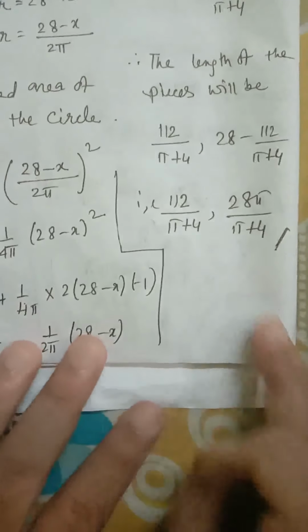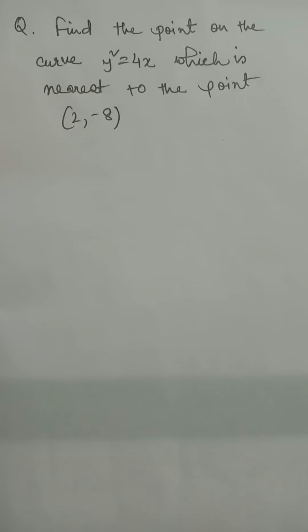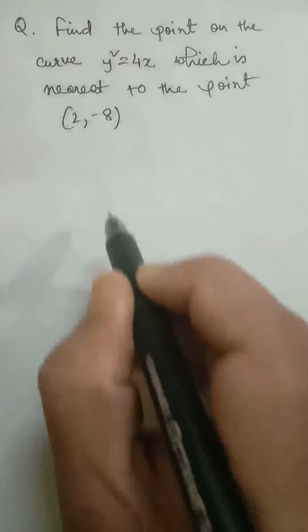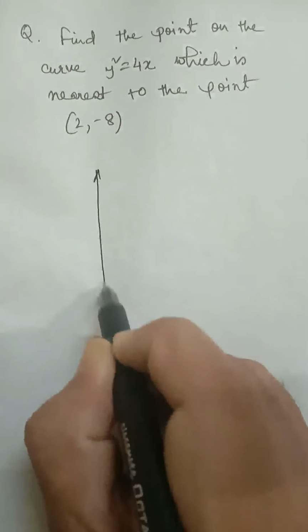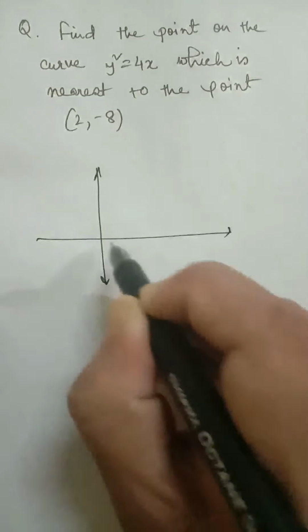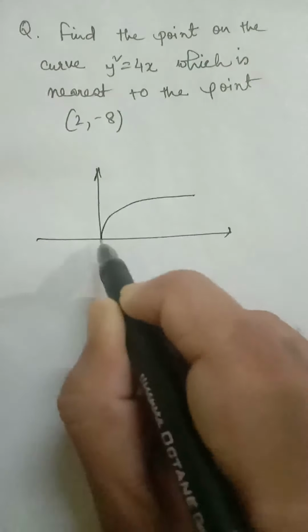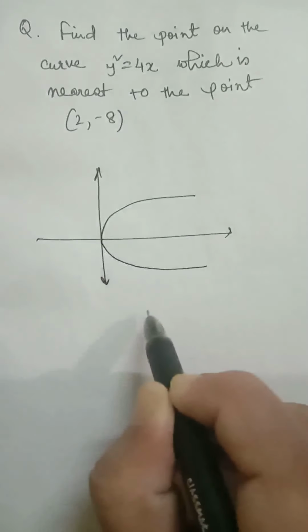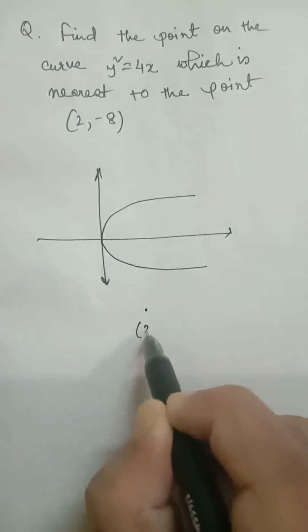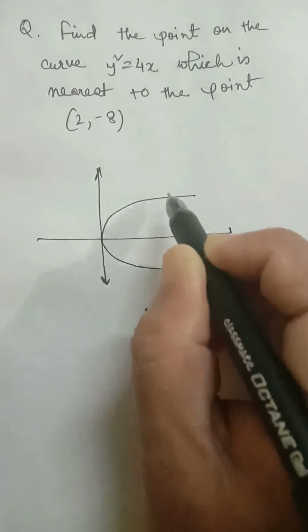Okay. Next question is, find the point on the curve y square equal to 4x which is nearest to the point (2, minus 8). So y square equal to 4x is the given curve and (2, minus 8) is the given point.